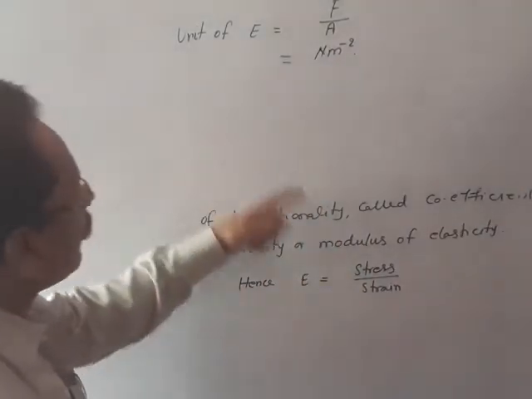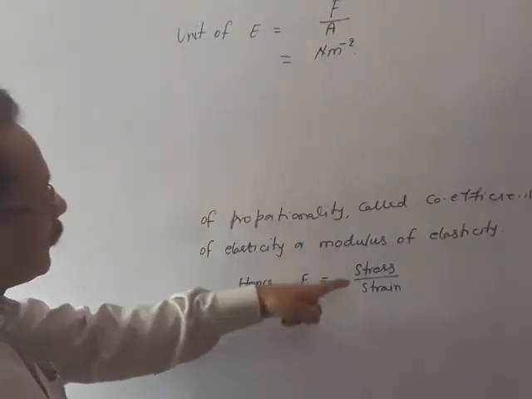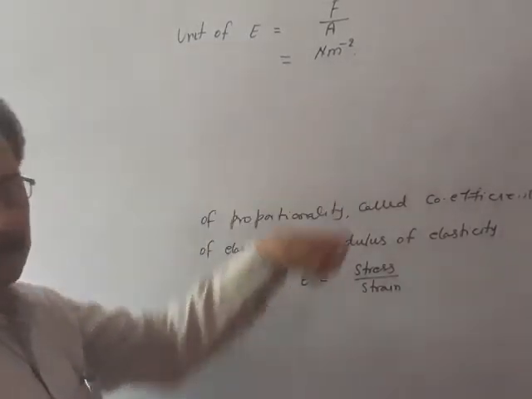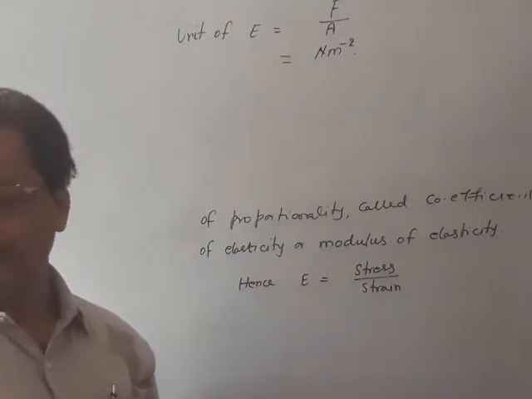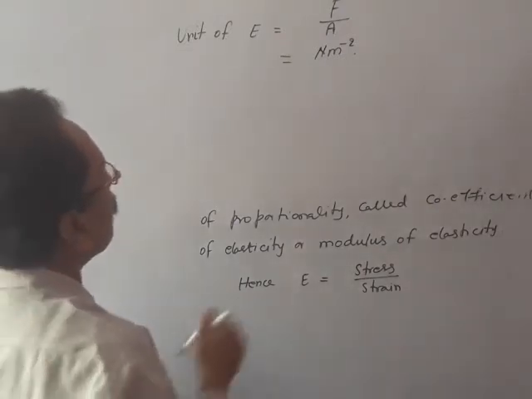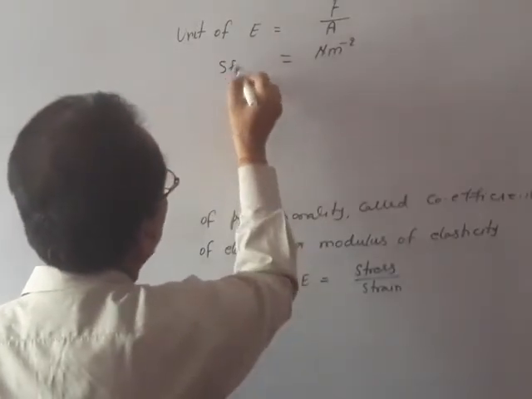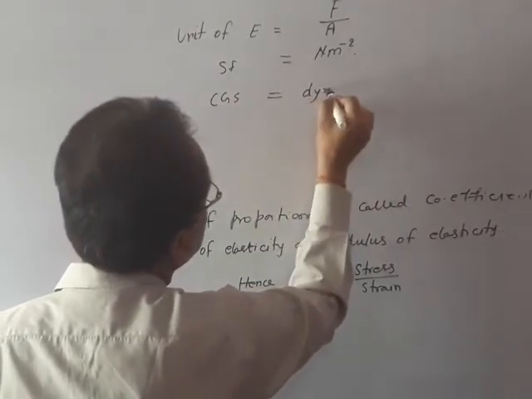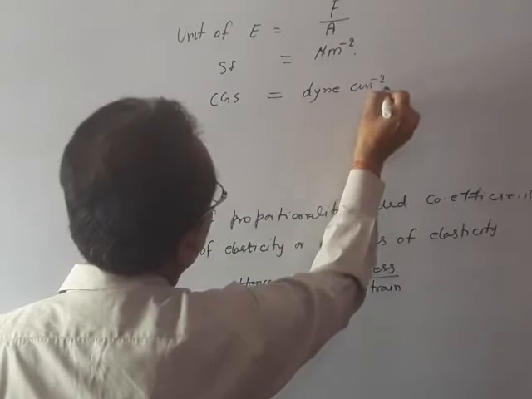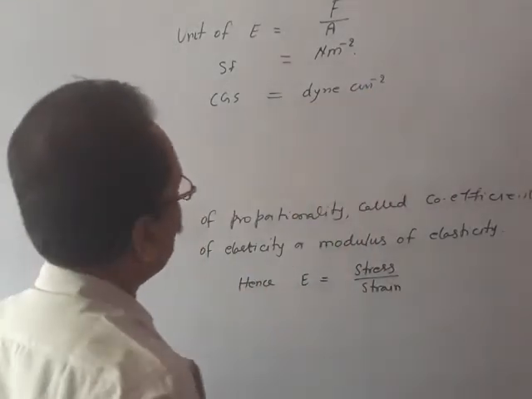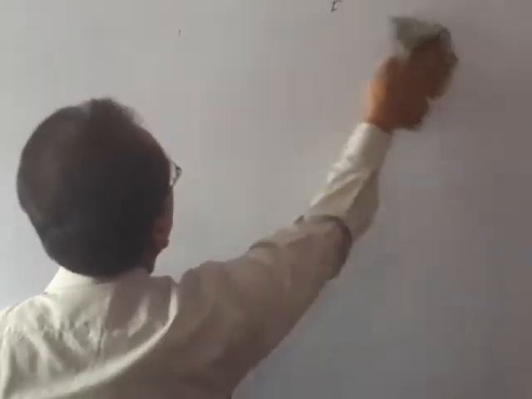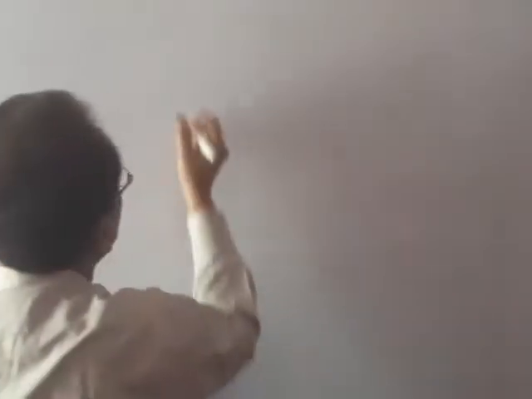The unit of modulus of elasticity is the same as that of stress, Newton per square meter in SI, and in CGS it is dyne per square centimeter. Okay.